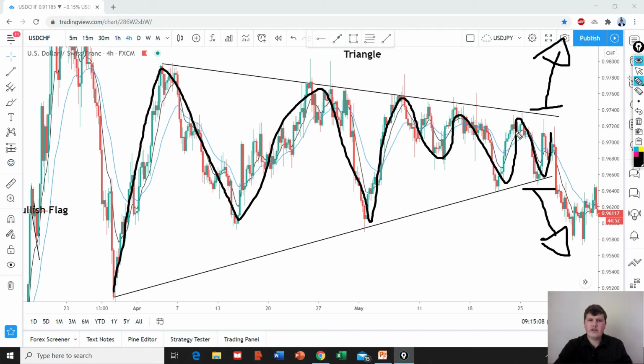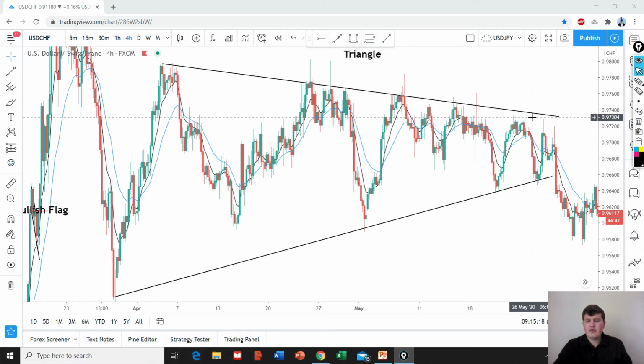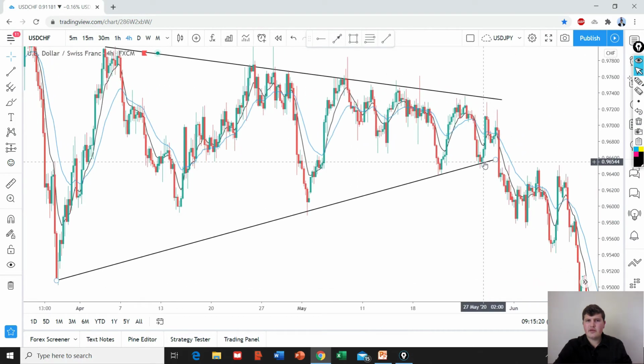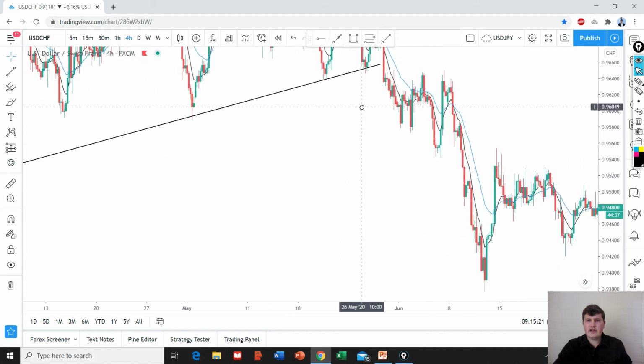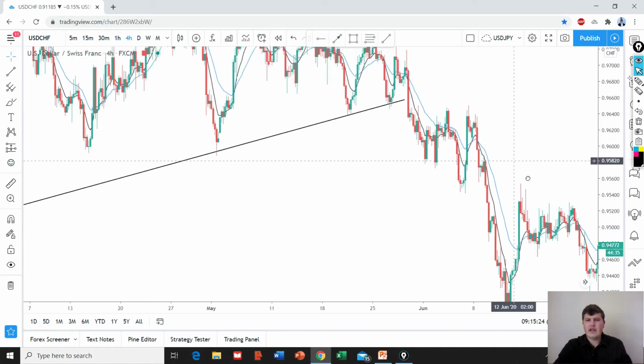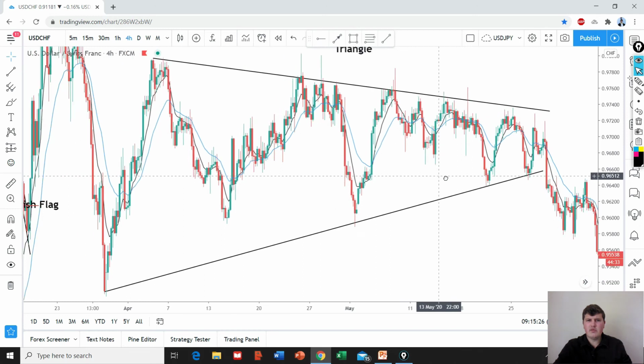So depending on where price breaks out of, this triangle can act as a trend continuation pattern or trend reversal pattern. And in this case, price broke out of the bottom of the triangle and an aggressive move lower happened after the momentum build up.